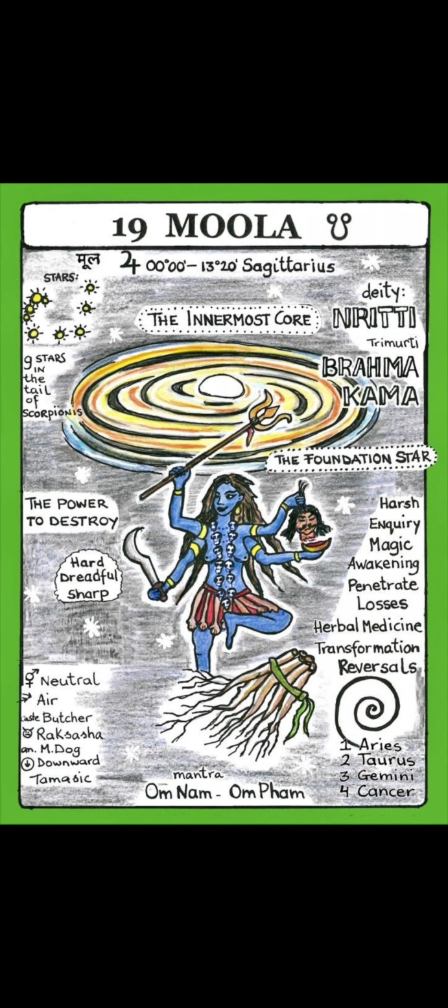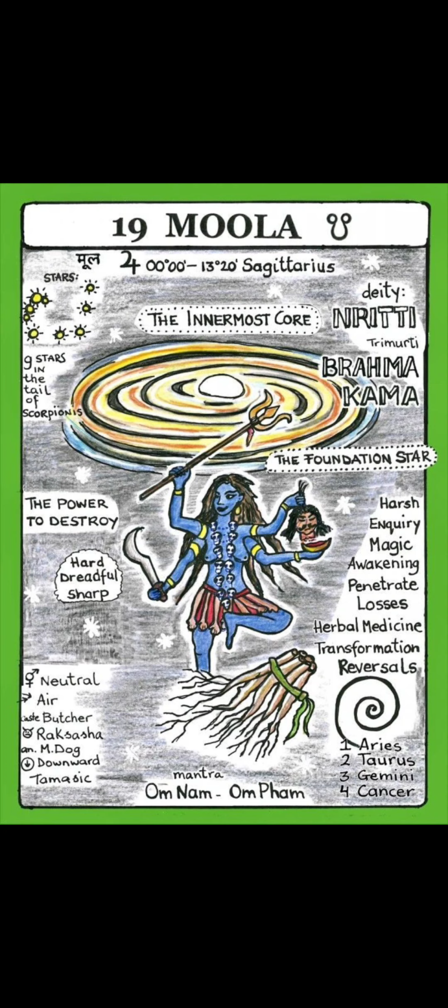It's like the real estate, right? This is the real estate that this nakshatra resides in. So the address to this nakshatra is between 0 degrees and 13 degrees, 20 minutes of Sagittarius.